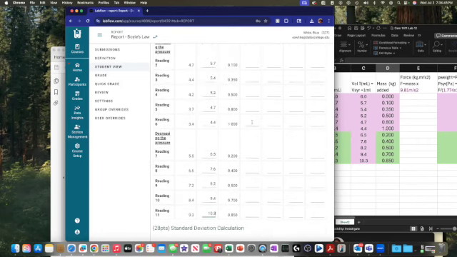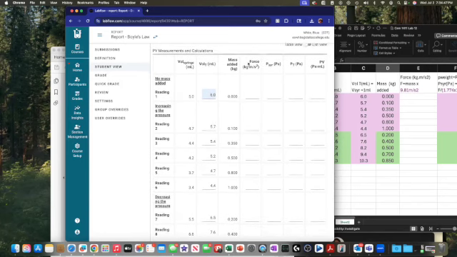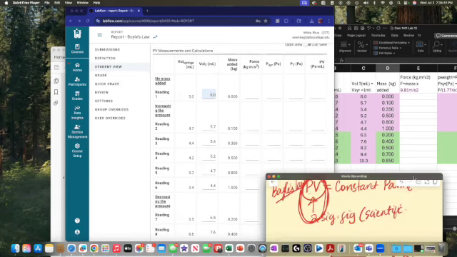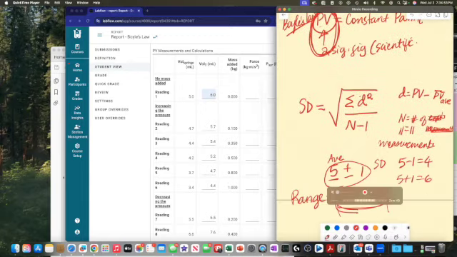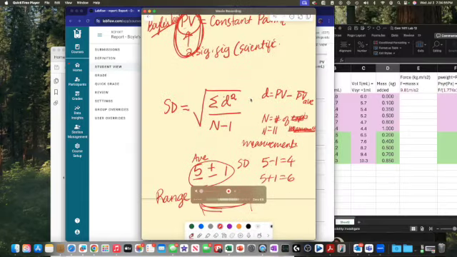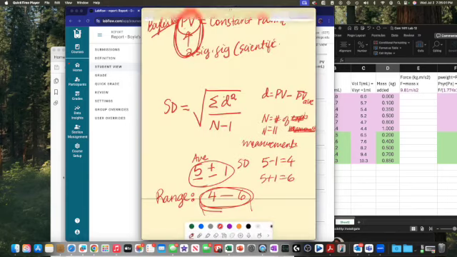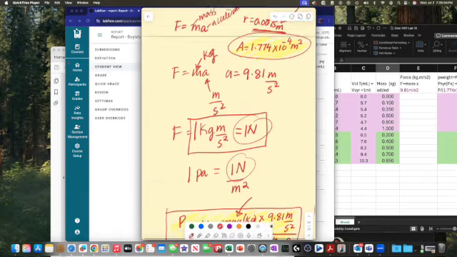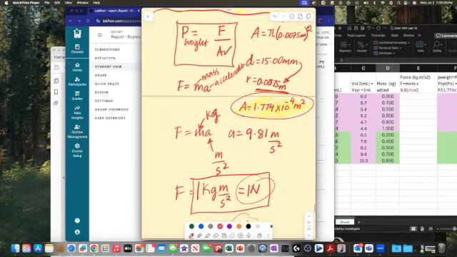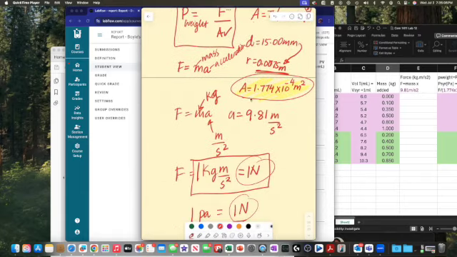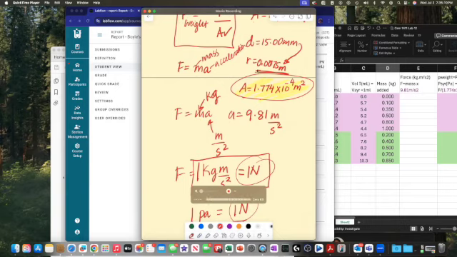Okay, that's done. This column here is asking for force. Now we had our equation somewhere here where we said force was equal to mass times acceleration. Since we have the mass in kilograms, all we have to do is multiply by acceleration.